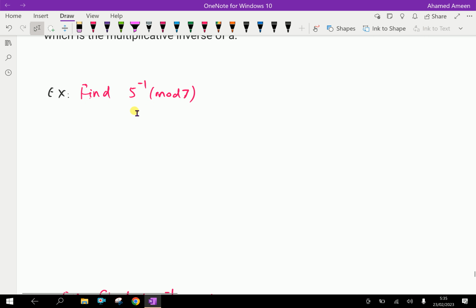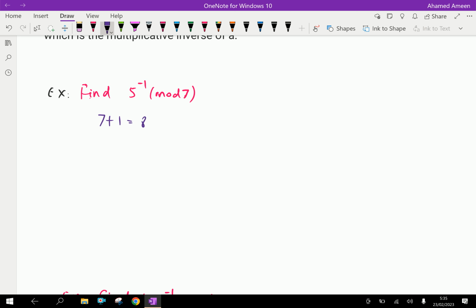Find 5 inverse mod 7. First, we take the multiple 7 plus 1, which is equal to 8.